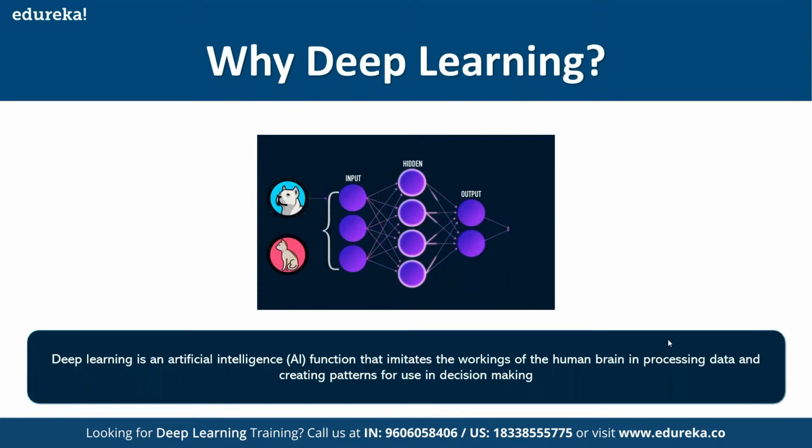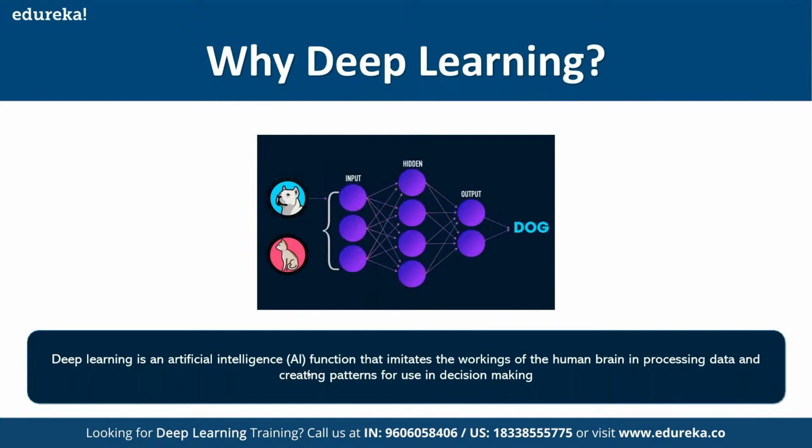Just like we humans have sensory organs to receive data from the outside world, we have the input layer in our deep learning neural network. Just like in our brain we have numerous neurons, called biological neurons, in our deep learning neural network we have millions of artificial neurons. And just like we respond after we process the information in our brain, in other words give the output, in the same way in my deep learning I'm going to have my output layer.